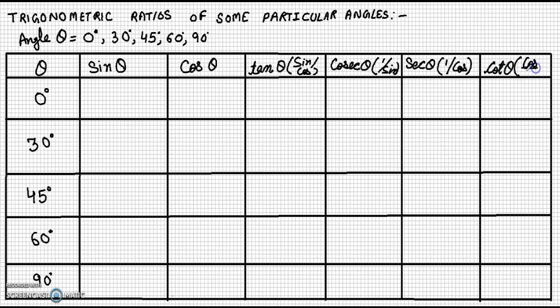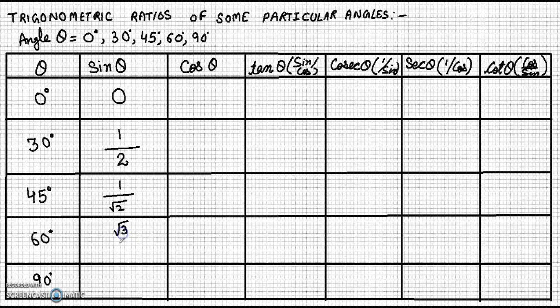Now note down the values in the first column that we have derived using that simple trick. The values that we had got were 0, 1 by 2, 1 by root 2, root 3 by 2 and 1. So these are the values of sin theta.